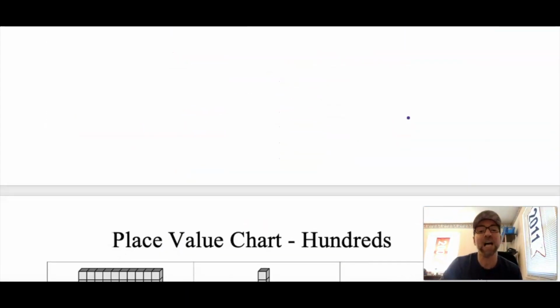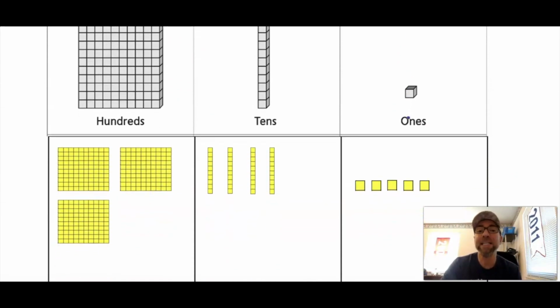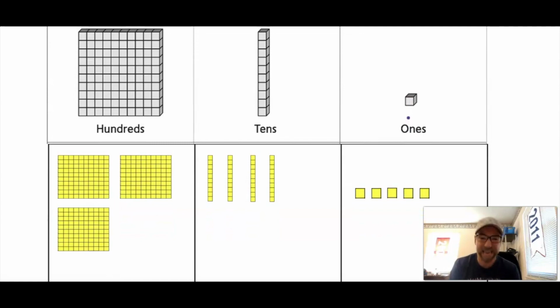Let's try another. This time, I want you to draw exactly what you see. Go ahead and hit that pause button while you complete the drawing for this problem. Remember, your flats will represent just a square. Your longs in the tens place will just be little lines.